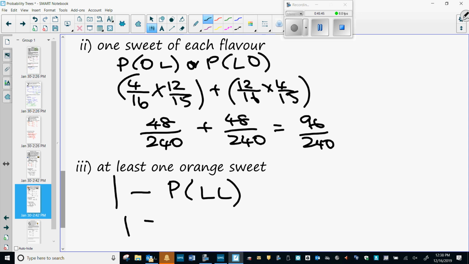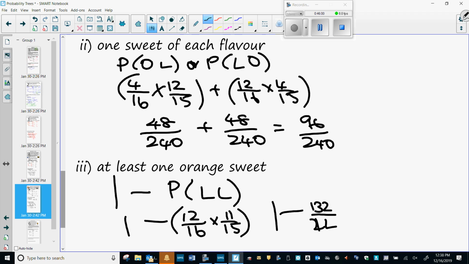So we've got 1 subtract, what's lemon, lemon? 12 over 16 times 11 over 15, so that's 1 subtract 132 over 240.